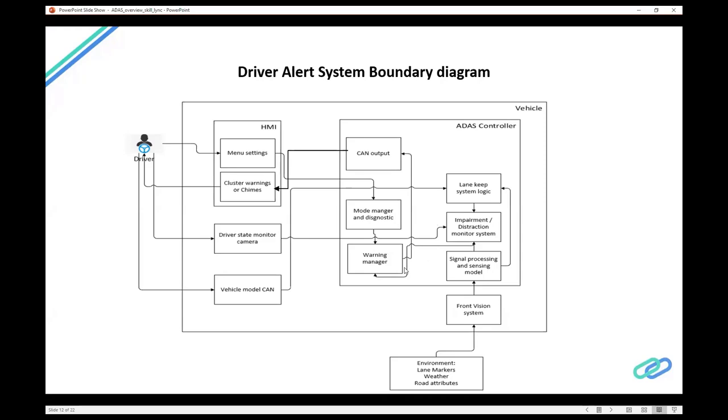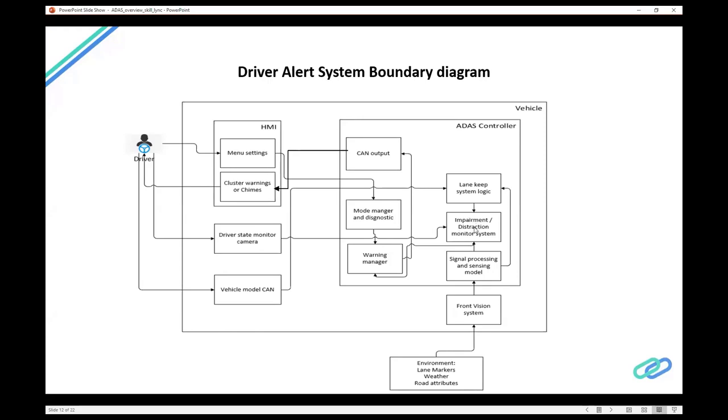The system is also taking the input from the driver state camera. As I said, the driver monitoring camera will give the distraction rate on where the driver is looking and whether the driver is currently not paying attention.